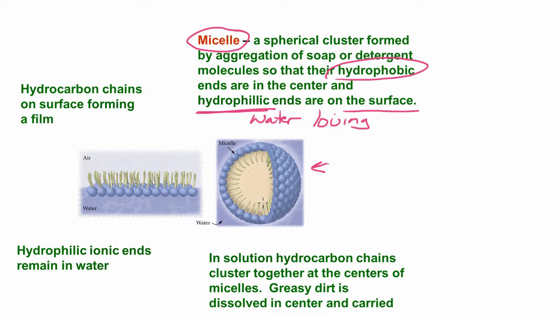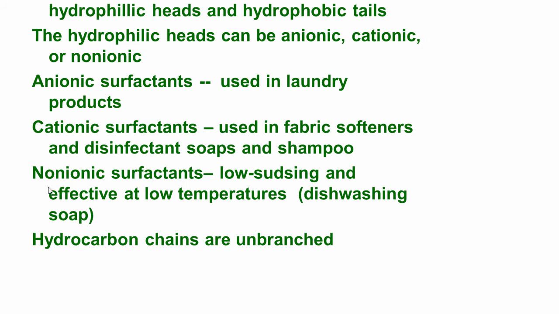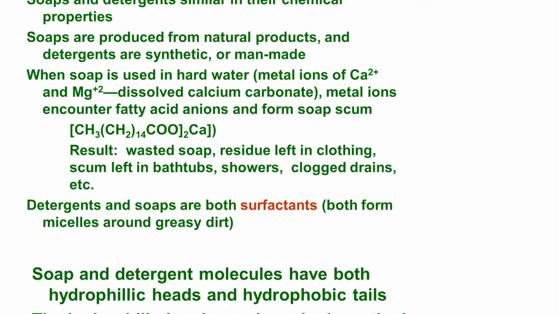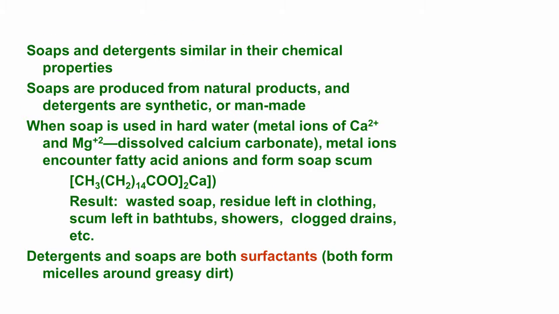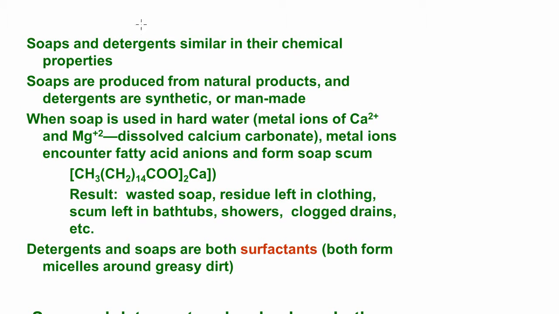That greasy dirt is going to be dissolved in the center where the hydrophobic portion is, and then it's going to be carried away through the water, right? Because the surface of the micelle is hydrophilic. So that's just a brief description of how soaps form micelles and are able to cut through grease.